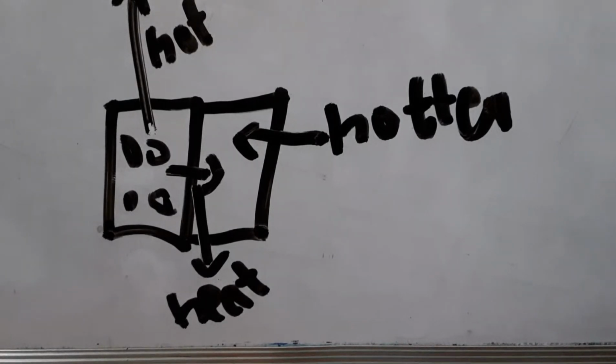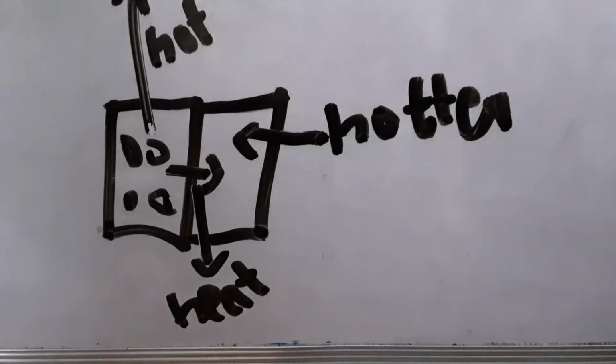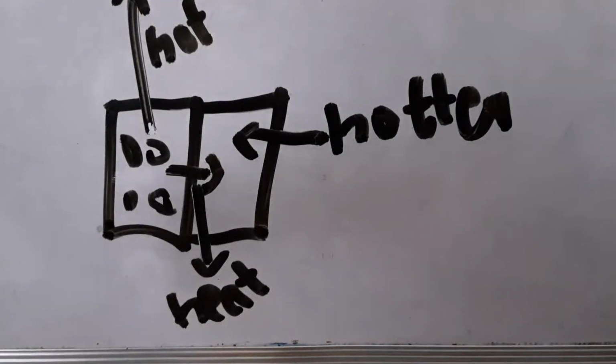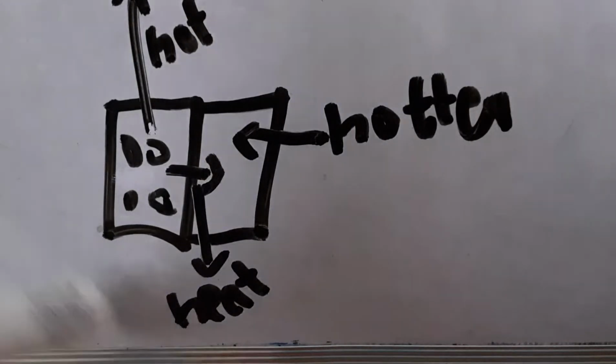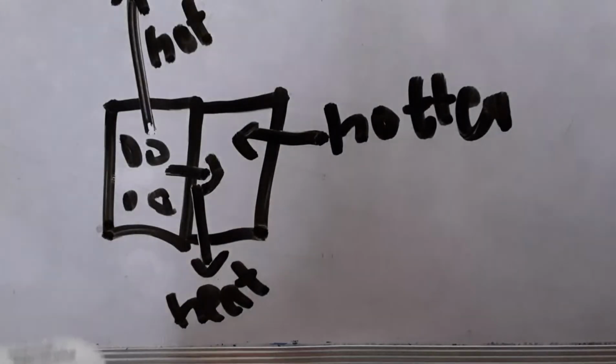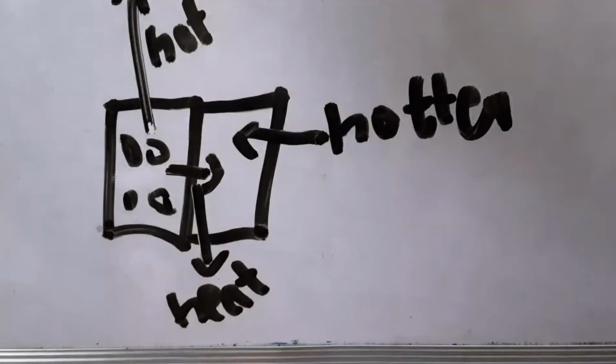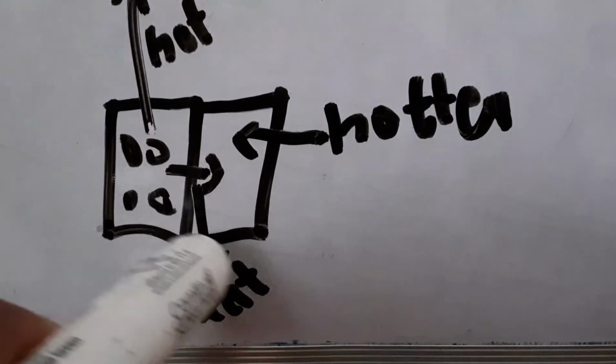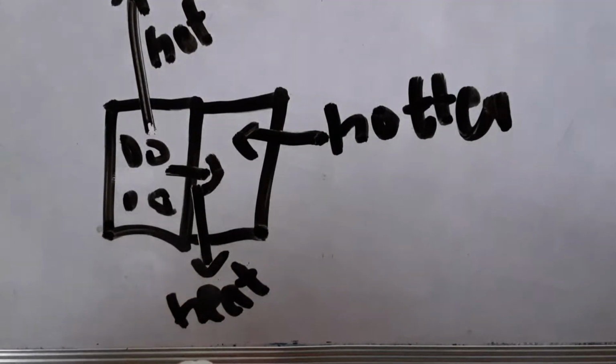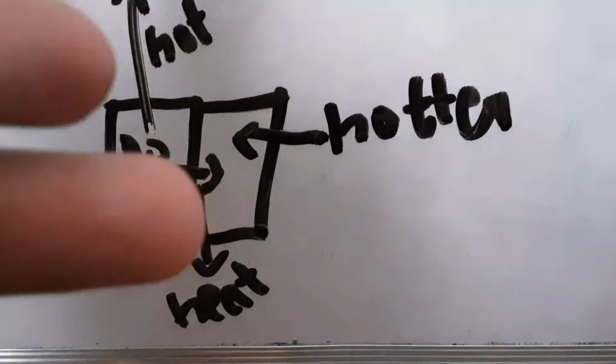Now we just saw that heat is a transfer of energy. This transfer of energy, which is heat, can transmit in three different ways. It will always transfer from a hotter object to a cooler object, but it can transfer in three different ways.